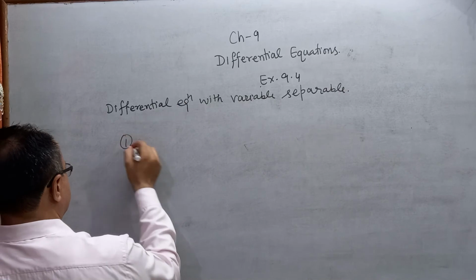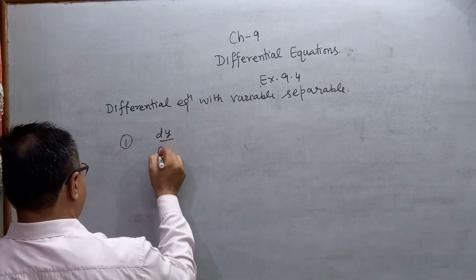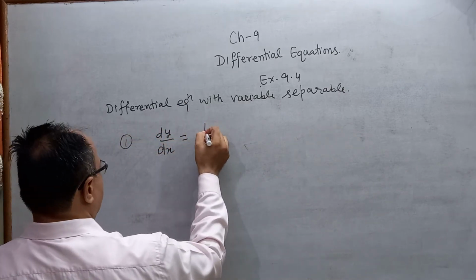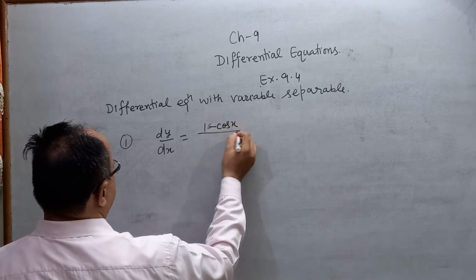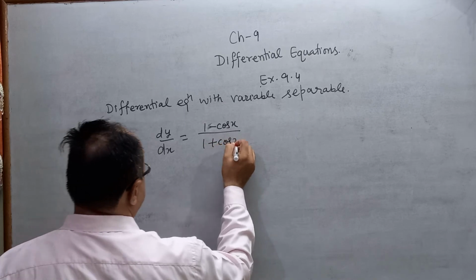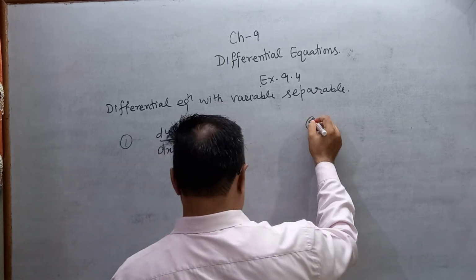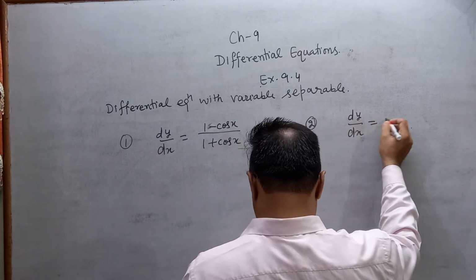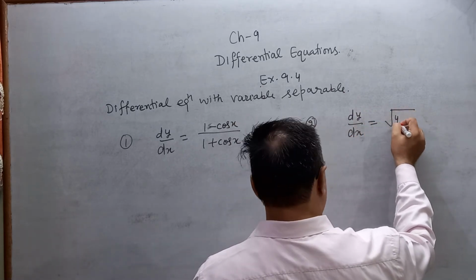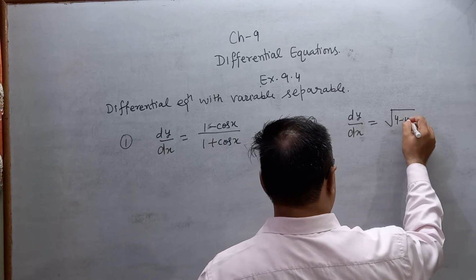Exercise, this question number 1: dy by dx is equal to (1 minus cos x) upon (1 plus cos x). And the second question: dy by dx is equal to root of (4 minus y square).